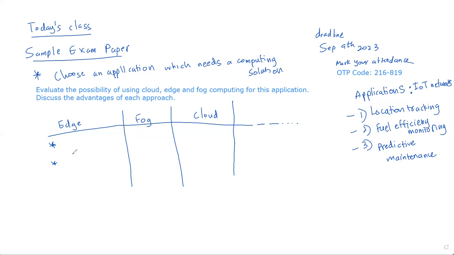Yes, lowest latency. Why is that? Because the processing is done very close to the vehicles, maybe at the access point or at the sensor node level, and therefore the time required for transmission is very low.